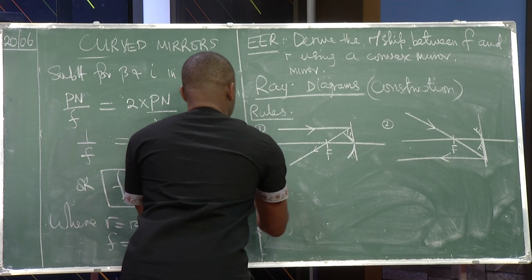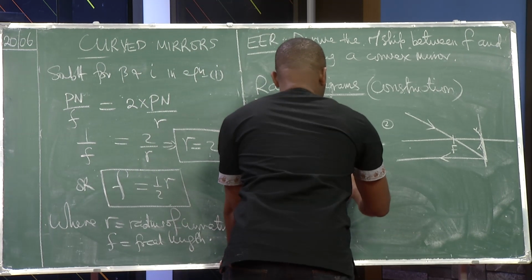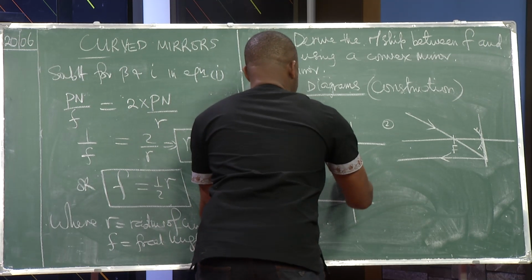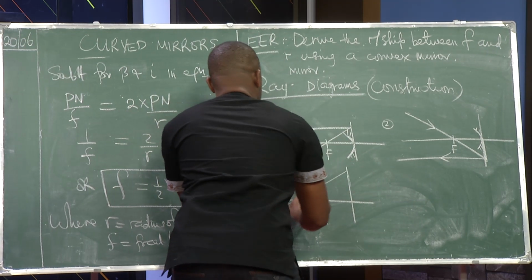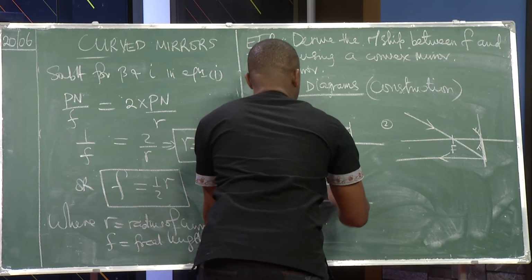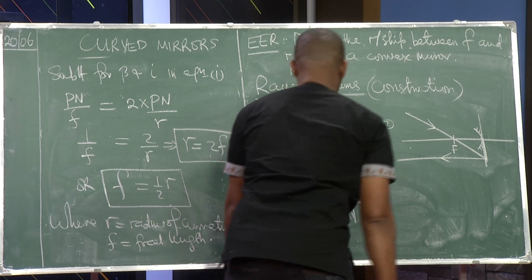It is the opposite of the previous one. Rule number three is that rays that are incident to the mirror through the center of curvature are reflected back along the same path.